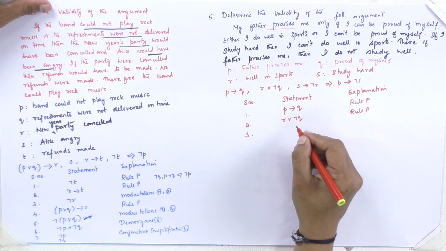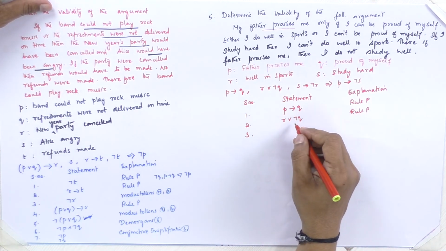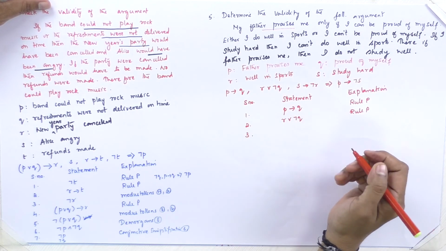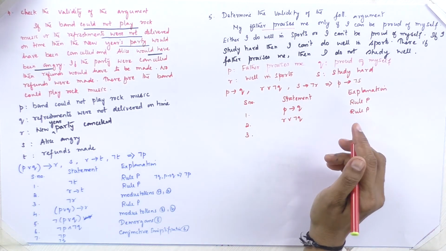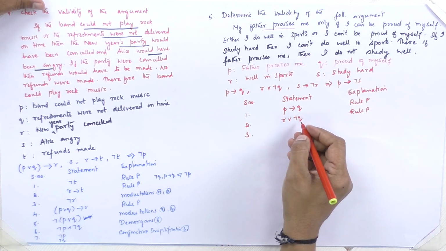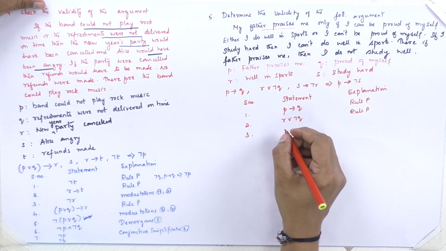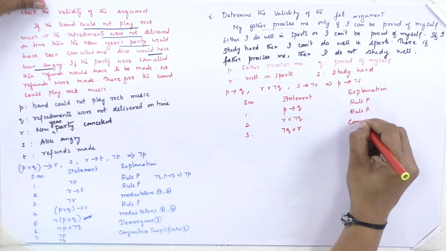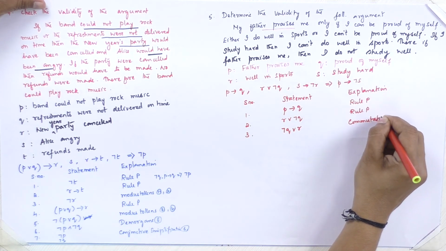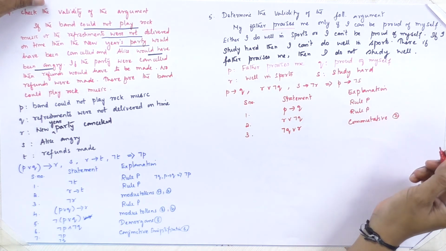For that, we bring it in terms of a conditional connective. Even before I apply conditional equivalence, I can apply the commutative law here. So the commutative property has been applied on 2.